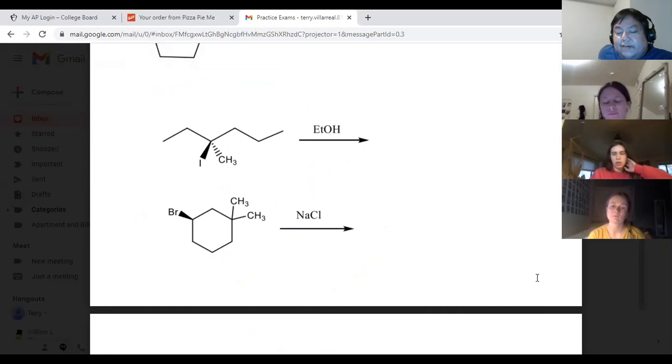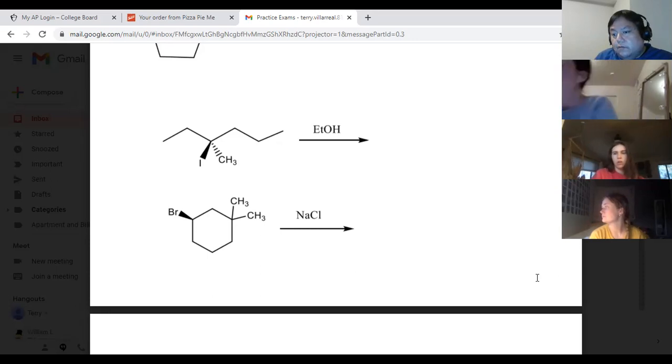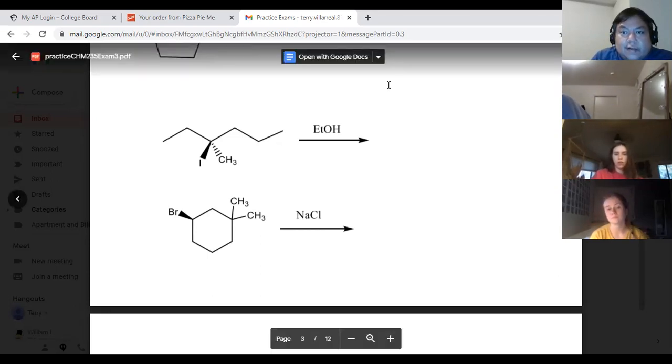You only need to have stereo specificity when it is a stereo center. So those dashes and wedges only matter when it is a stereo center. Otherwise, like here, on this side, they're just lines. Yep. So you just do lines because it's not a stereo center. Okay. That makes more sense.